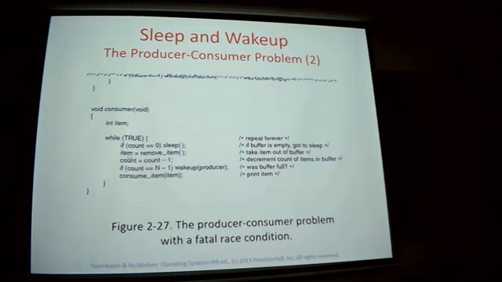Because we have fetched one from the buffer, the count variable should decrease, because count represents the number of items in the buffer. We have fetched one out of the buffer, so we decrease the count.